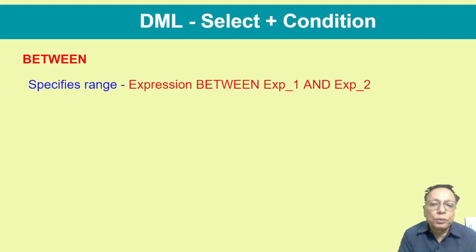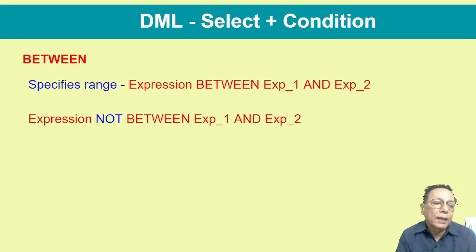If you want to select the negative, you will have to use not between. If you apply expression not between expression 1 and expression 2, all those rows which are not satisfying this range will be selected.